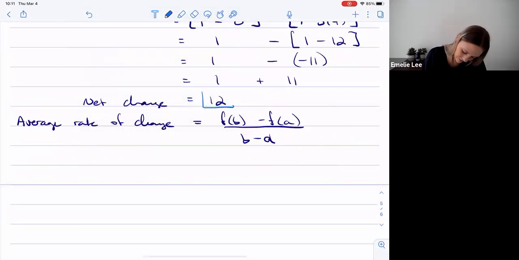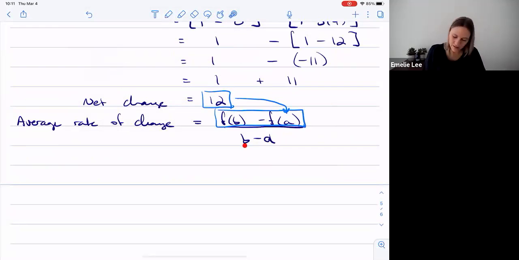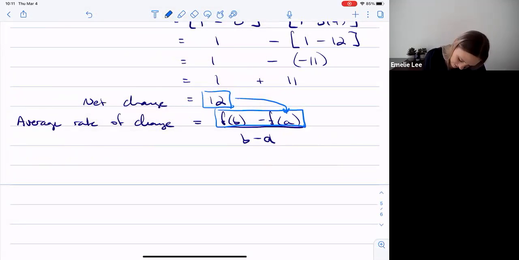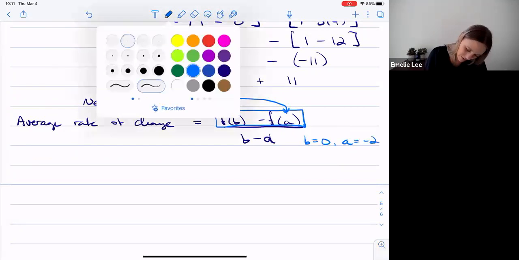So here, 12 is going to replace f of b minus f of a. And then just remember that b is 0 and a is negative 2.